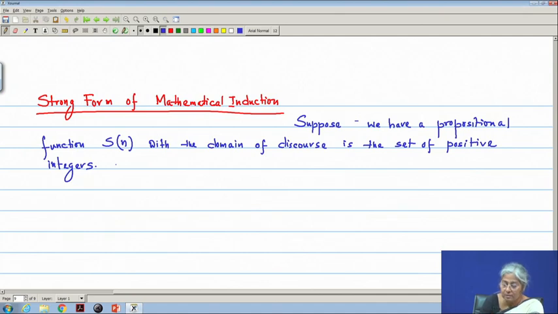We put one restriction: the set of positive integers greater than or equal to n0.